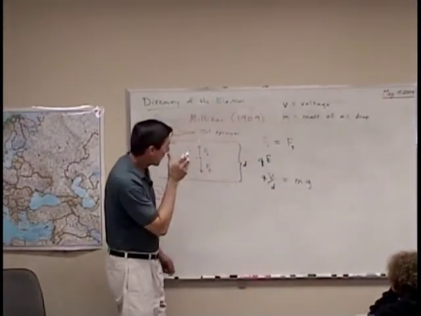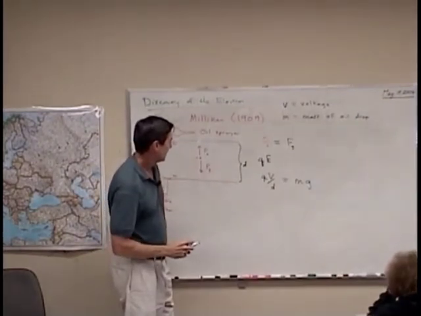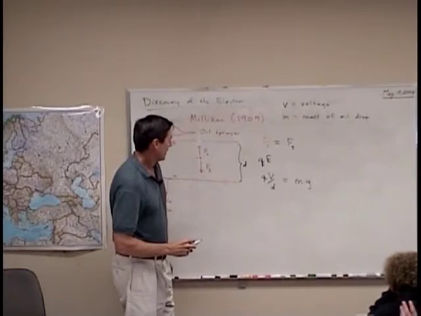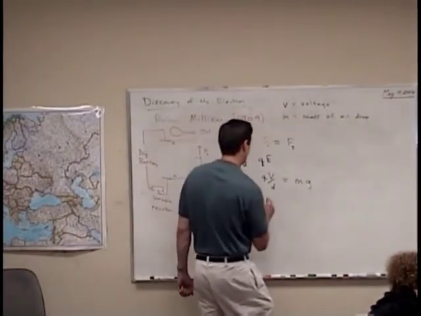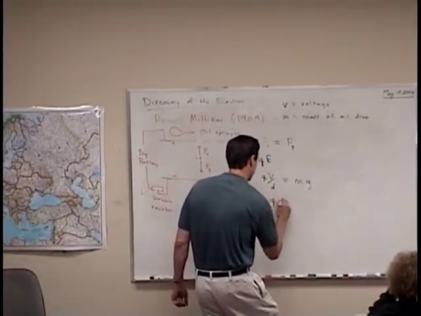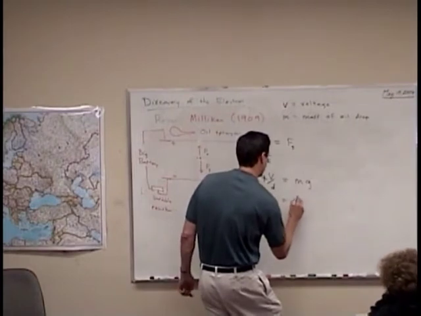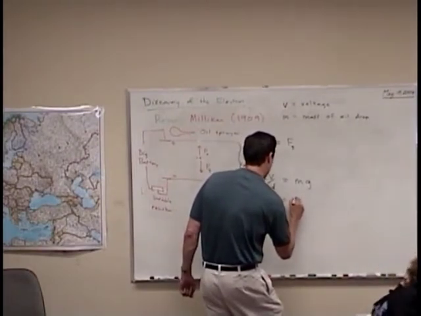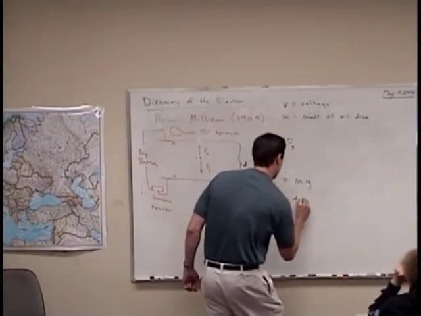Now, well, this doesn't look too bad. Let's rearrange it a little bit. The charge on the electron now is, say, D, which is just the separation of the plates.